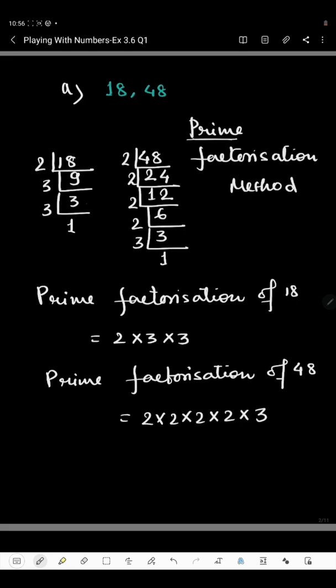Then we will circle the common factors. Here 2 is present as a factor of 18 and as a factor of 48. So 2 is common, and after that only 3 is common, right?